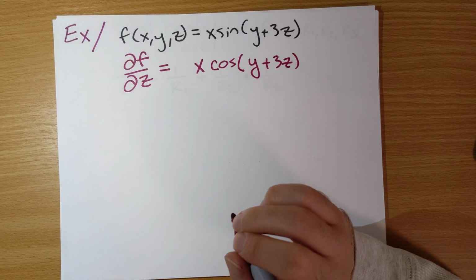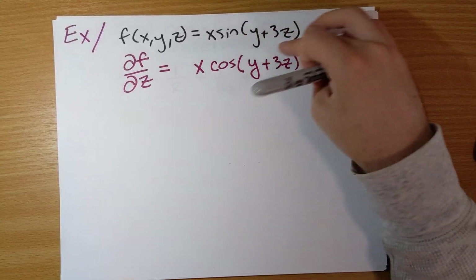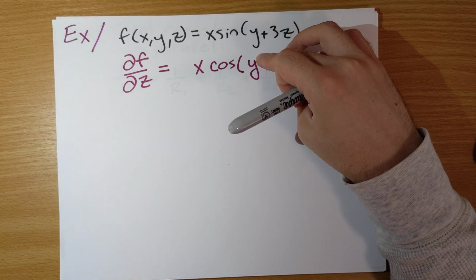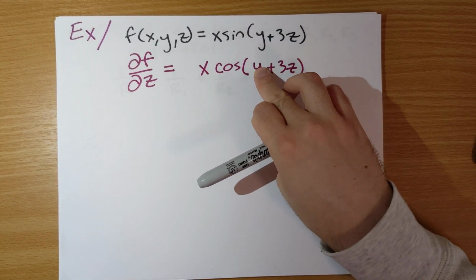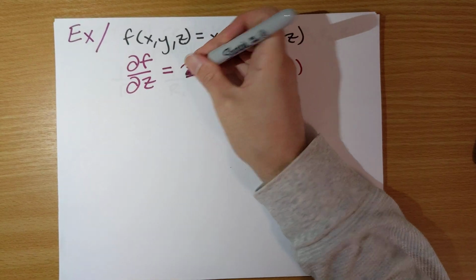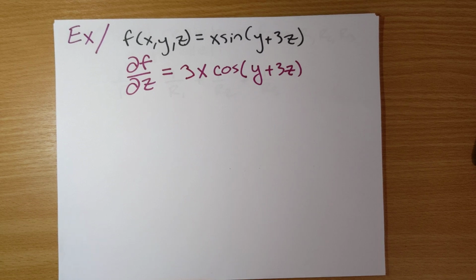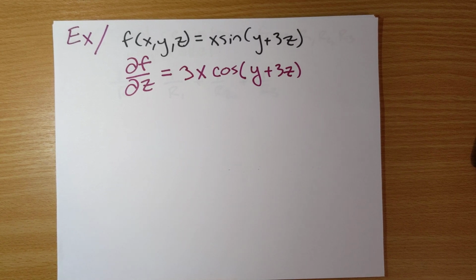But then, using the chain rule, we multiply by the derivative of the inside. It's the partial derivative with respect to z. y is a constant with respect to z, so the derivative of this will be 0 plus 3 times 1. So the z partial derivative here is 3x cosine of y plus 3z. Okay, that was a kind of easy example.